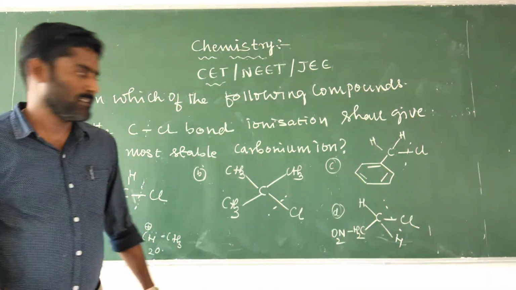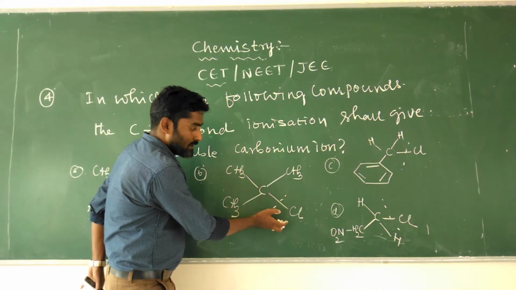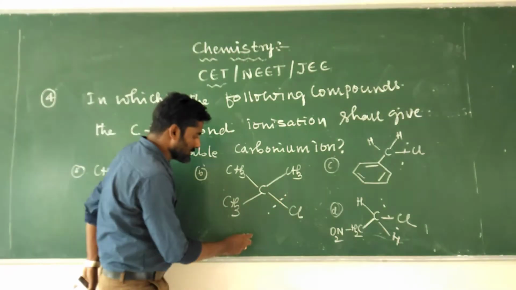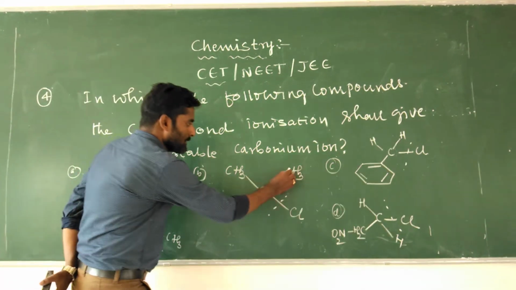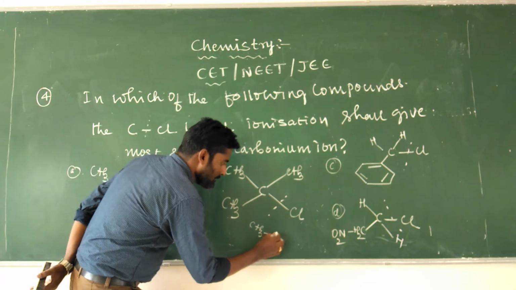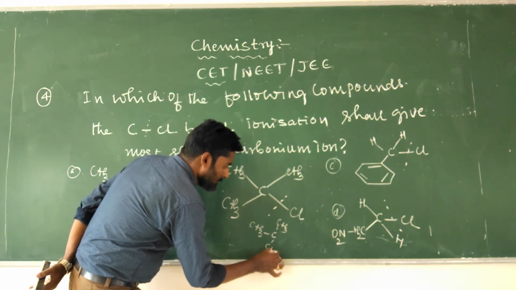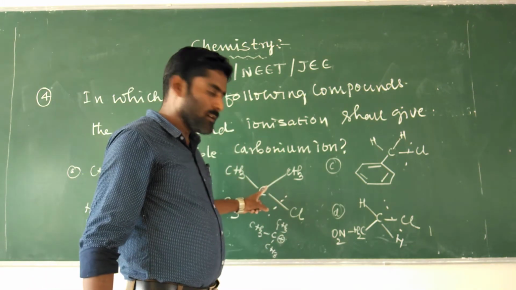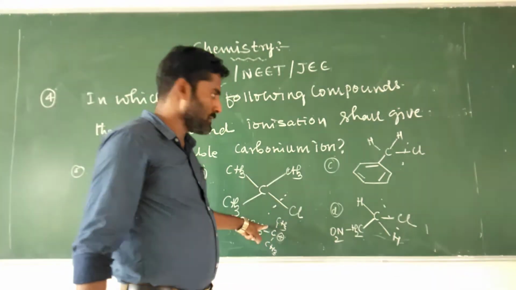In option B, whenever the carbon and chlorine bond ionizes, the tertiary butyl carbocation is formed, (CH3)3C plus.